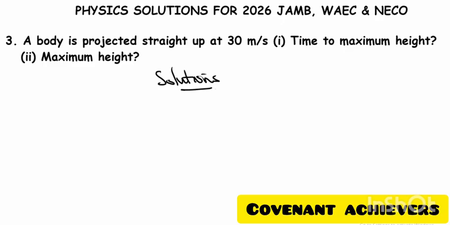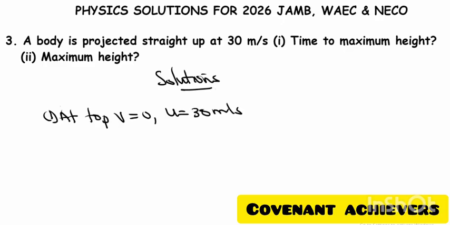The major thing is that a body projected straight up means that at the top, our v is equal to 0, and our u is equal to 30 meters per second.